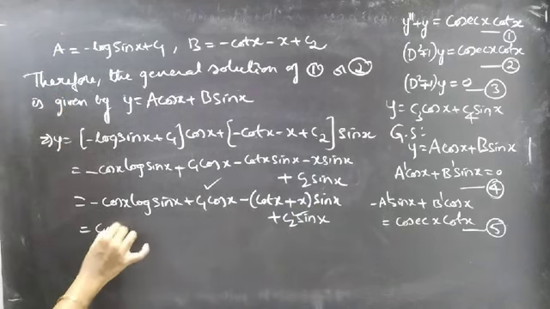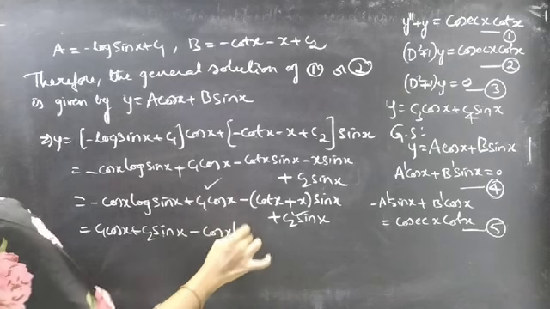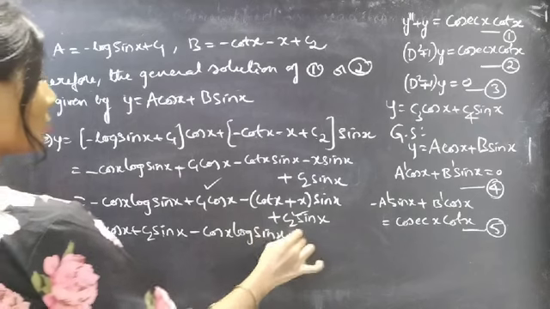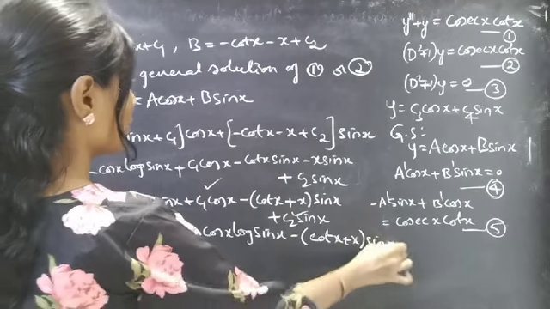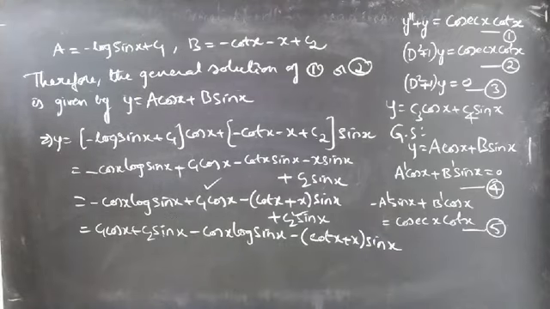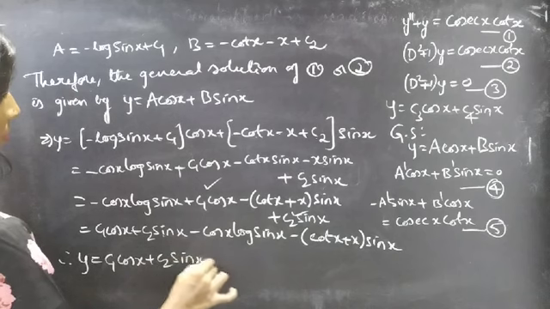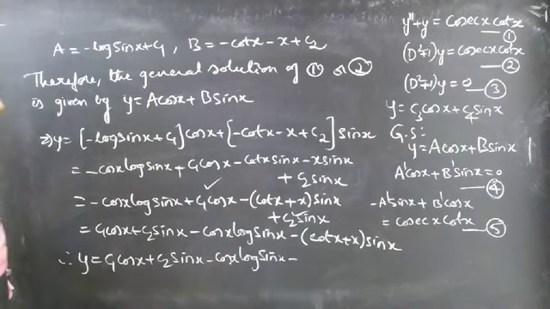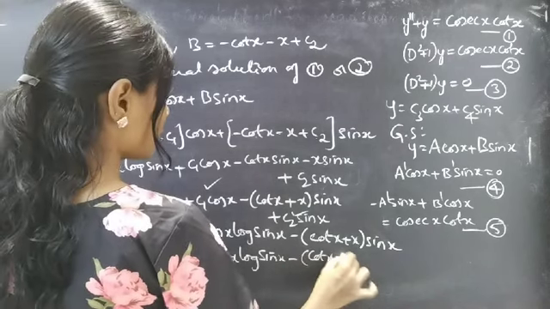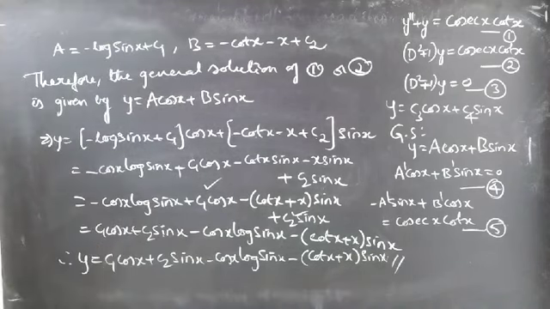We'll get c1 cos x plus c2 sin x minus cos x log sin x minus of cot x plus x into sin x. Therefore, y equals C1 cos x plus C2 sin x minus cos x into log sin x minus of cot x plus x into sin x is the required solution.